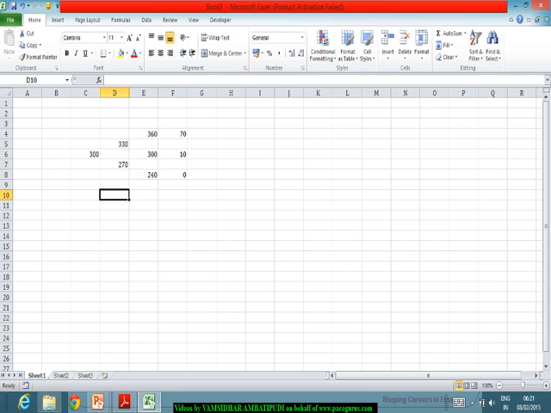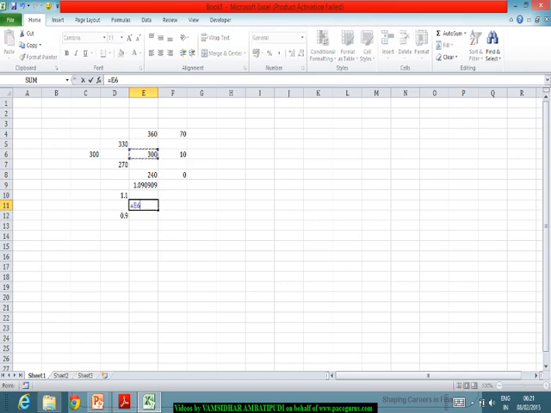Here, if I am finding out the U and D, so the U is this divided by this. So in this case, the U is 1.1, whereas the D is 270 divided by 300, which is going to be 0.9. The same logic, if I try to apply it here, the U is 360 divided by 330, which is 1.09.